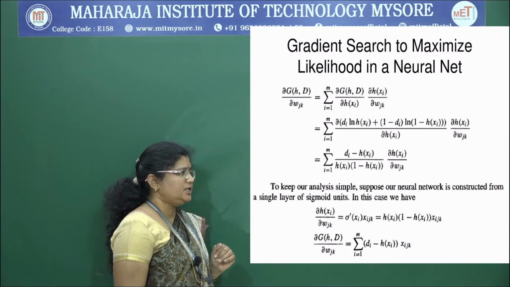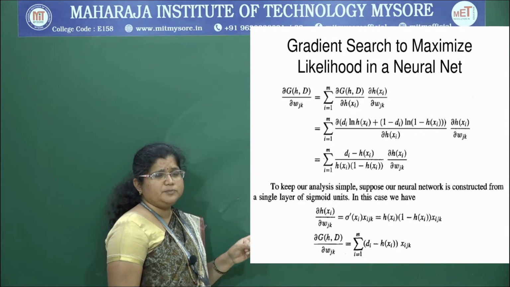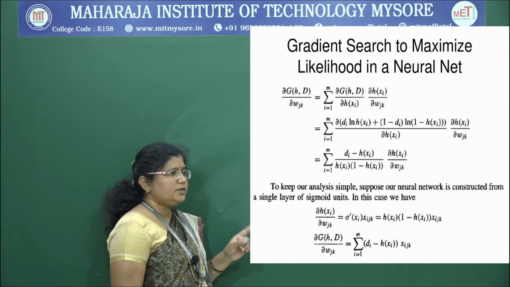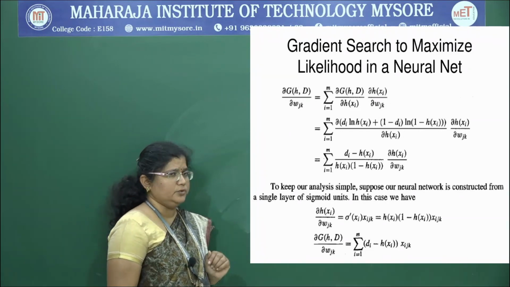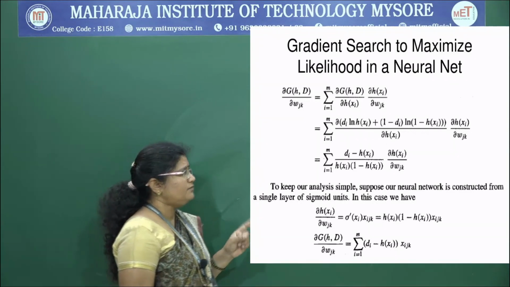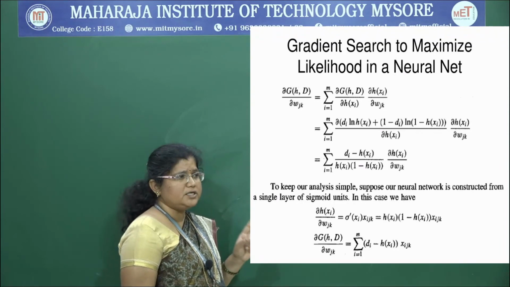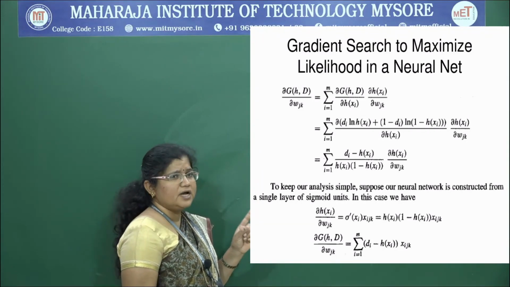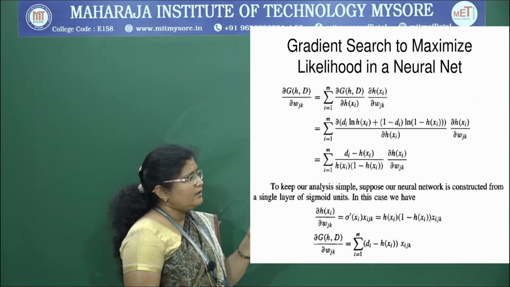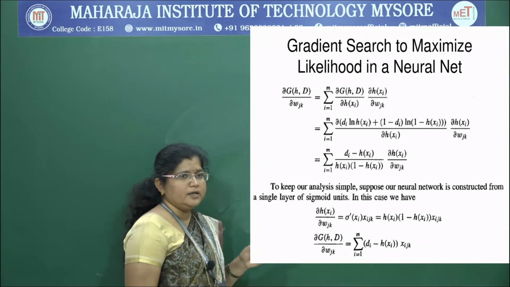Let us consider the partial derivative of G of h comma d with respect to the weight w_jk, that is from the kth unit to the jth unit, which is equal to the summation of i equal to 1 to m of the partial derivative of G of h comma d divided by the partial of h of x_i, into the partial of h of x_i divided by the partial of w_jk.